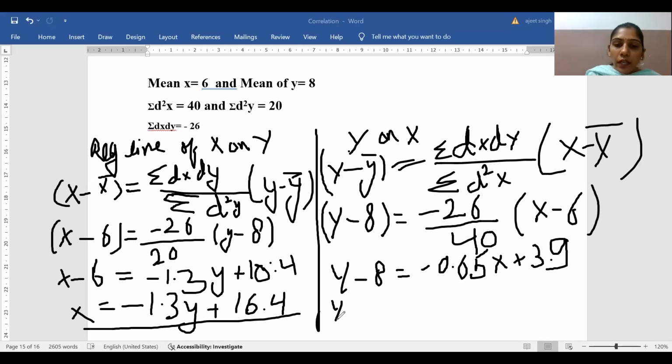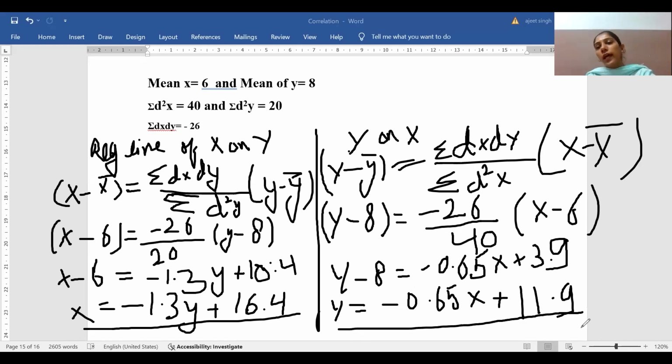Now the equation of y on x is minus 0.65 x plus, we add 8 and 3.9, so it will become 11.9. So these are the equations for x on y and y on x. Okay, so this is the equation of x on y and y on x.